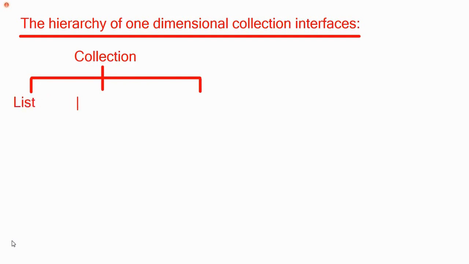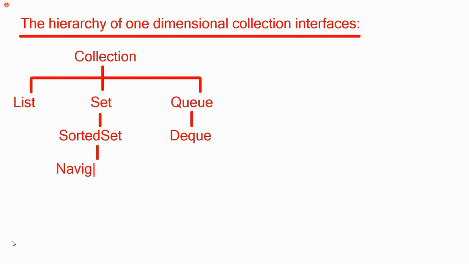Here list, here set, here queue. Here sorted set. It is deque. Here navigable set.